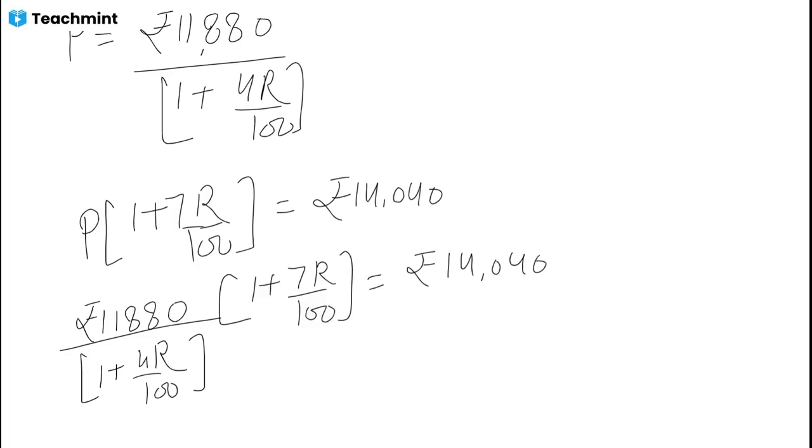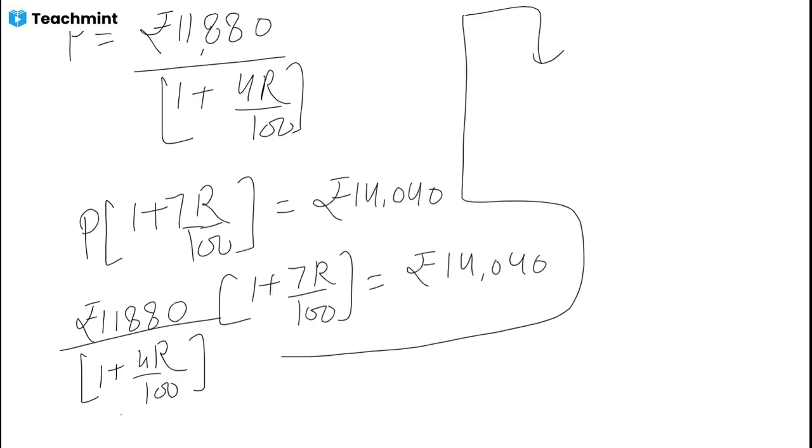Now let us cross multiply this on the right side by the equation rule, because we have a denominator on the left side, we can multiply by using cross multiplication. This is dividing on the left side, so we can just multiply by changing the side, and this amount is multiplied, so we can divide on the right side.